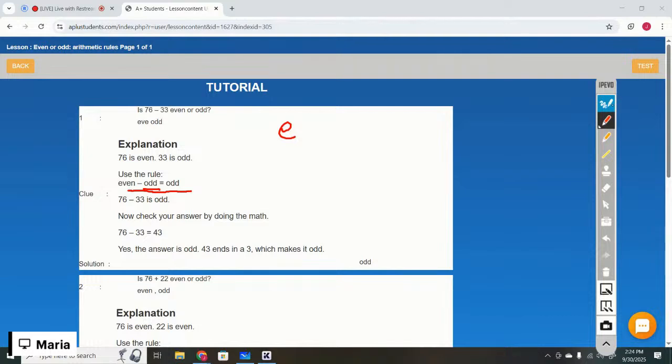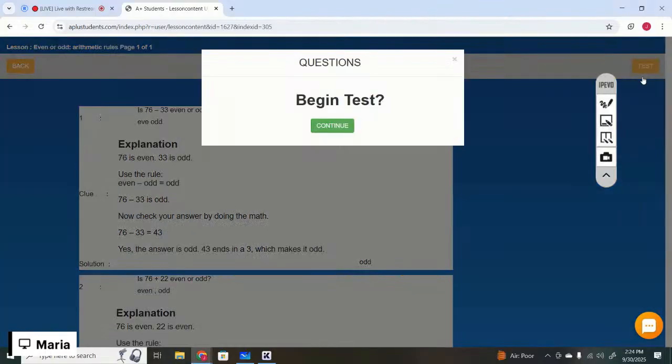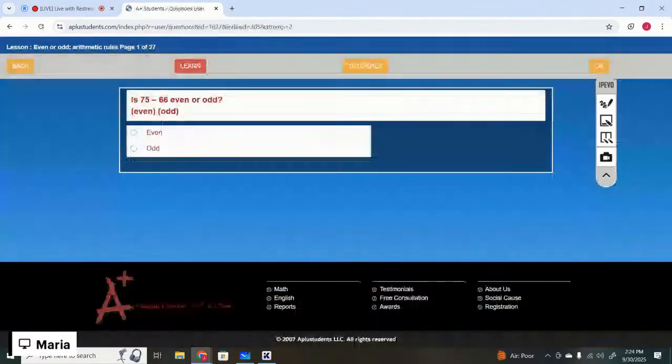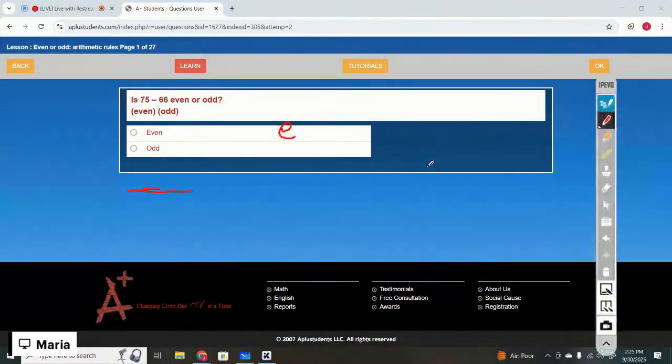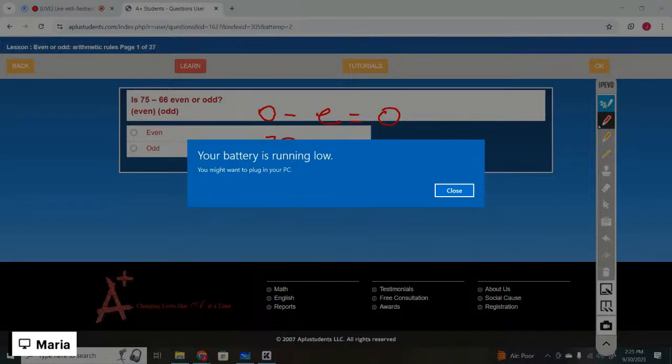Let's just start with the test questions. Is 75 minus 66 even or odd? 75 is an odd number minus an even number. We're subtracting an even number from an odd number. The answer is always odd. You can just subtract and check.